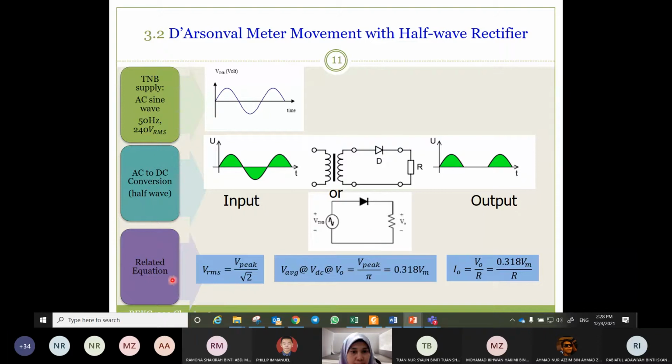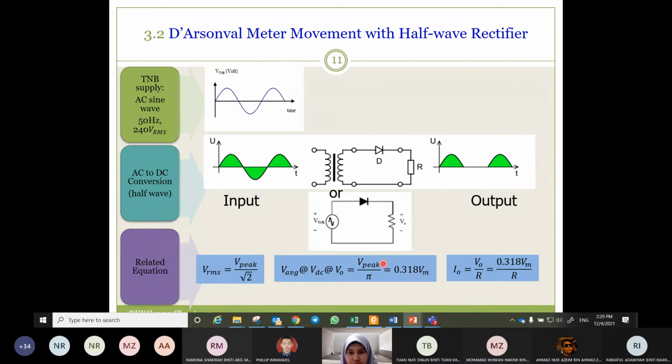Okay, so we know that VRMS is equal to VP over root 2. The PMMC is a DC meter. It reads a DC signal or average signal. So V average, or VDC, or output voltage of the meter, is equal to V peak over pi, or equal to 0.318 V peak.